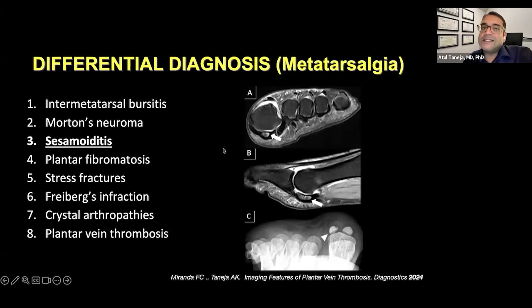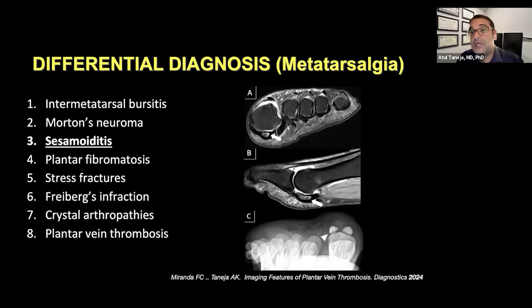And then sesamoiditis or sesamoidal fractures, they can happen due to chronic overload, especially in runners, all right? We can see not only edema of the sesamoid bone marrow, on X-ray we can depict some sclerosis, and even sometimes, not in this case, some fractures, even though they're not displaced, they are very, very painful.